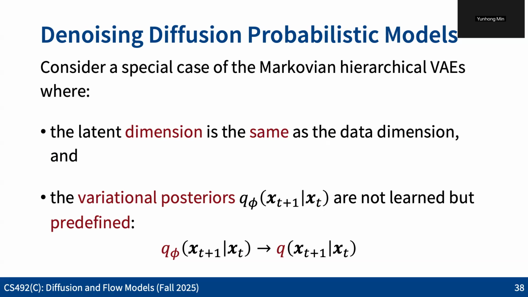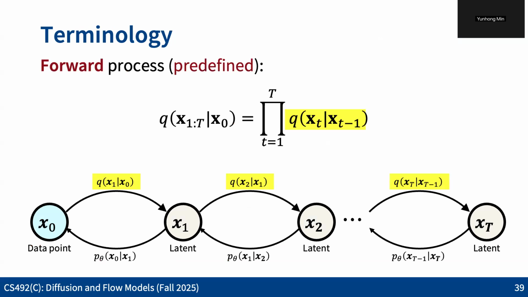Given these specific assumptions, I'm going to introduce some new terms here. By the way, this is the part where we are going to see more complex things. This is for the diffusion model, and we are also going to discuss flow models after a few weeks.